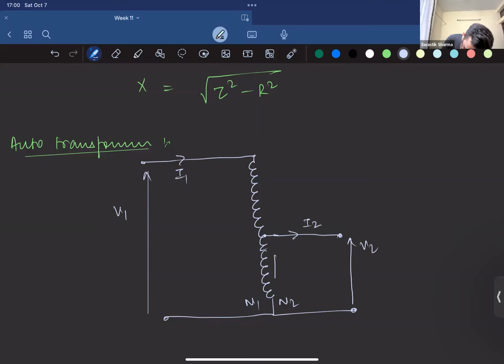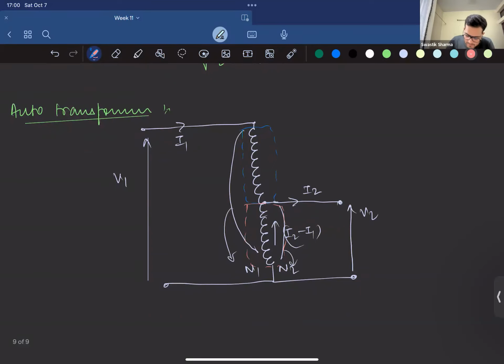So I1 is flowing over here. Here I2 minus I1 will flow. This whole thing is N1 and this whole thing is N2. So the VAs from this coil will magnetically link with that of this coil, right? But in addition to that, the VAs from this coil will also come into the picture too. That's it, right?